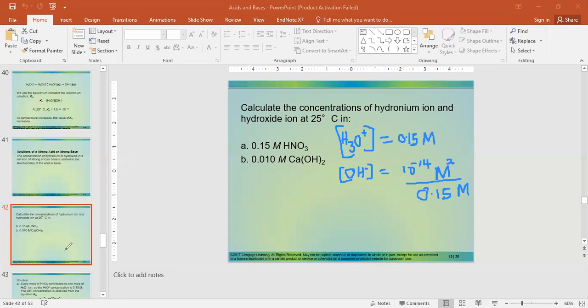I want to ask why you're dividing. Why am I dividing? It is because we have said that Kw is equal to the concentration of the hydronium ion times the concentration of the hydroxide ion. You remember this one?